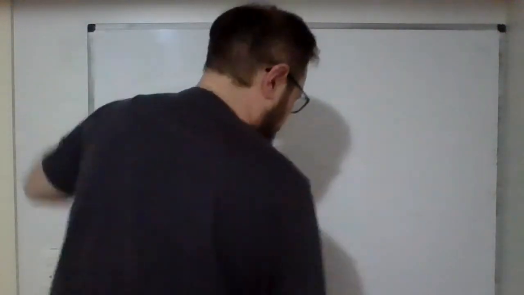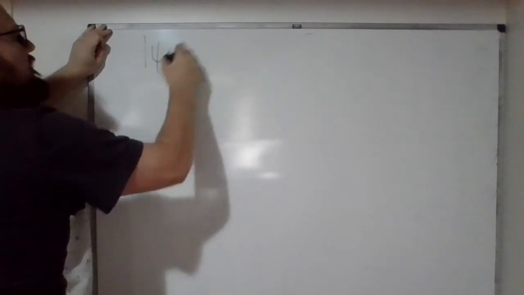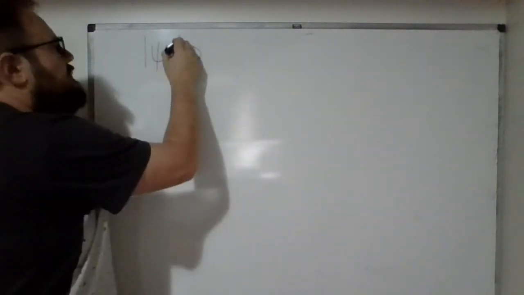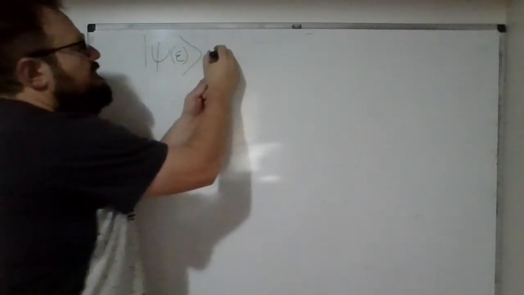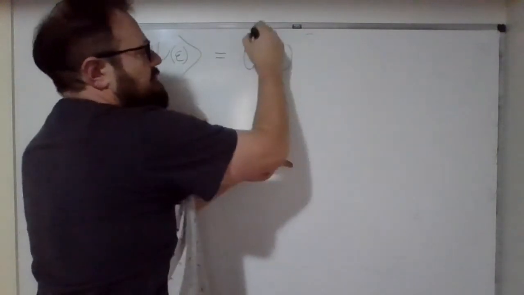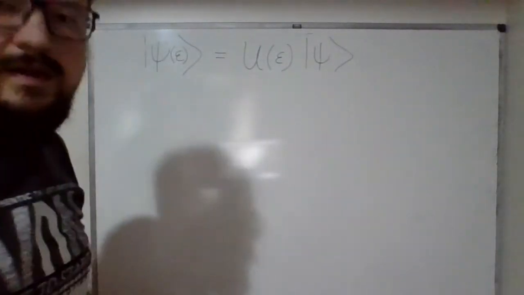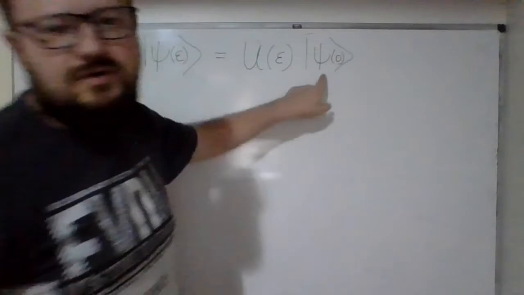Suppose you have a ket vector psi, which you want to calculate after the transformation from a unitary transformation applied to your object, the untransformed, the original object.